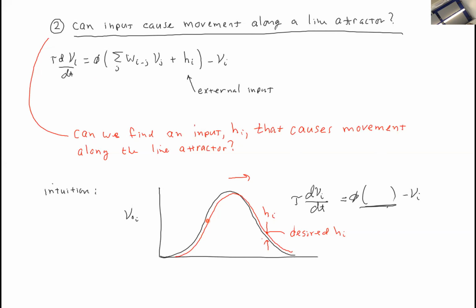So can we find an input that causes movement along the line attractor? The answer is yes, if h_i depends on position on the line attractor.